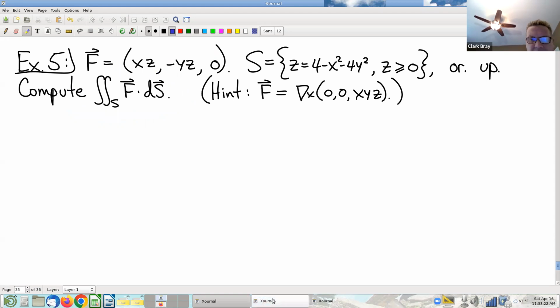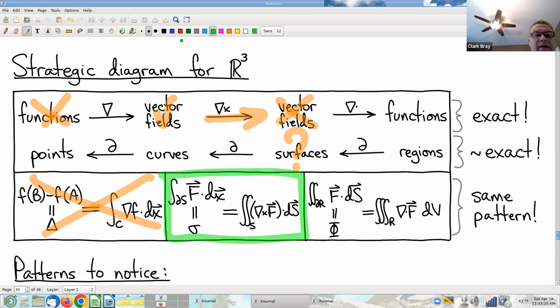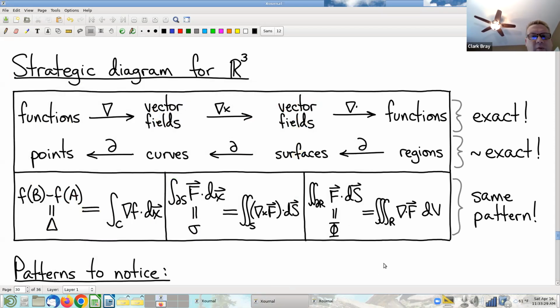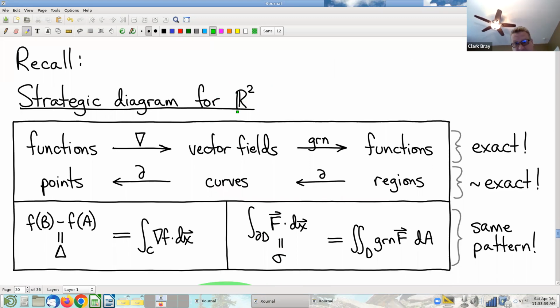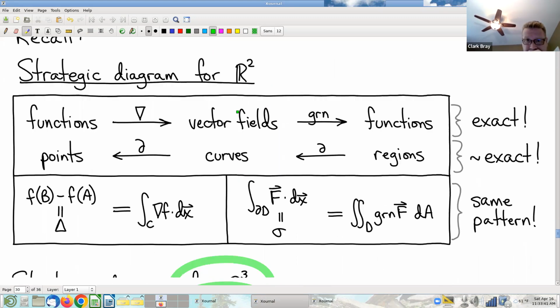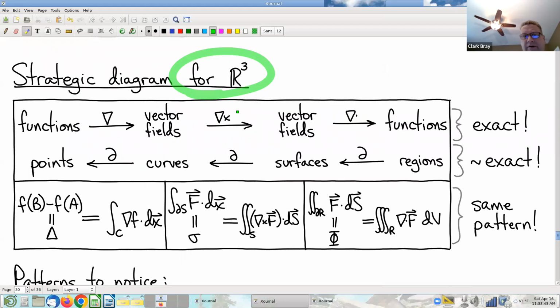Okay, so on our diagram, again, I got to clean up from last time here. We are in R3, looking at the R3 diagram. And don't forget there's an R2 diagram up here. For the appropriate questions, you got to look at the R2 diagram. These are in R3.